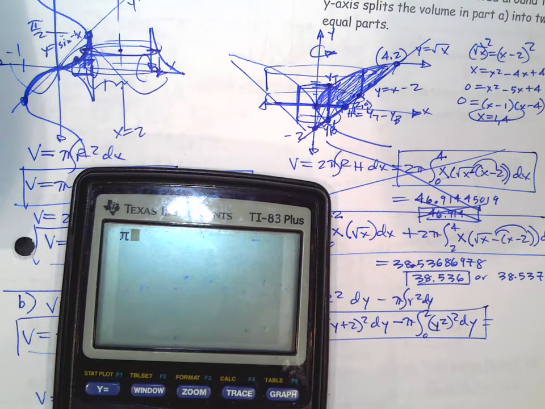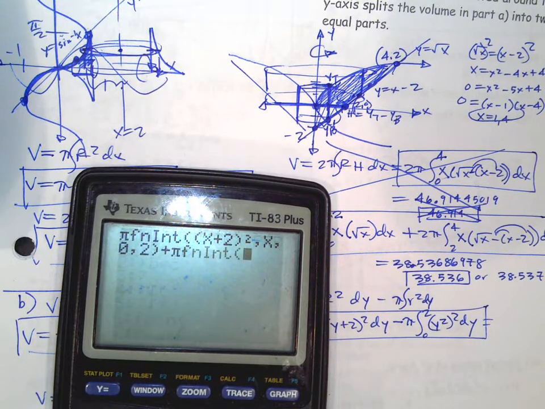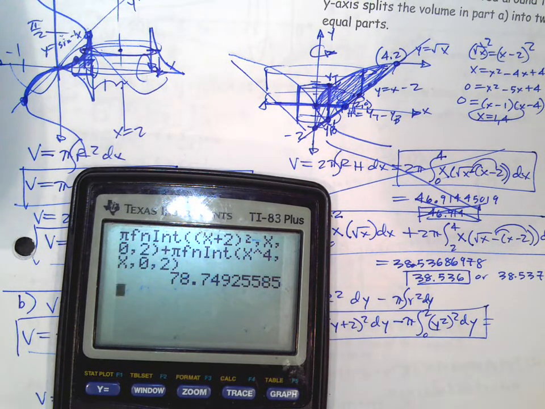Pi math 9 parentheses x plus 2 squared comma x comma 0 comma 2 plus pi math 9 x to the 4th comma x comma 0 comma 2. Oh, I'm going too fast or something.